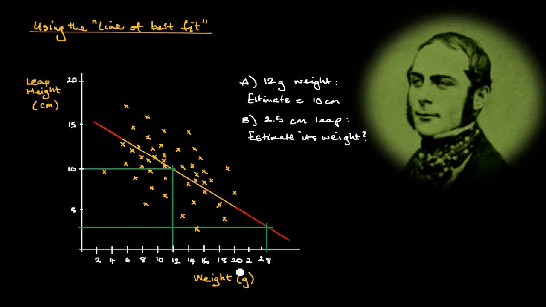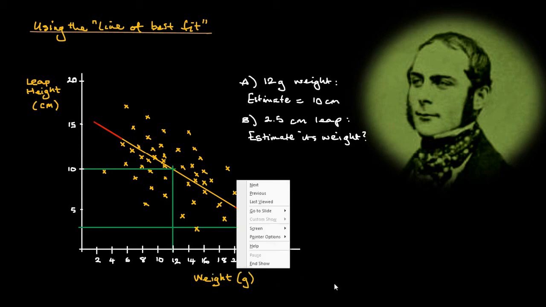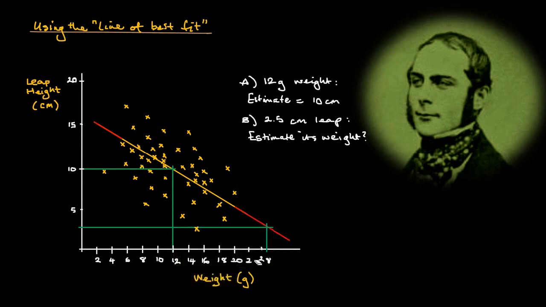So we've got 20. We're going up in, oh no, sorry, we are going up in 2. So I was right the first time. So that's 20 to 24. Can we say then that this frog will weigh about 24.5, let's say 24.5 grams? Is that a reasonable estimate?